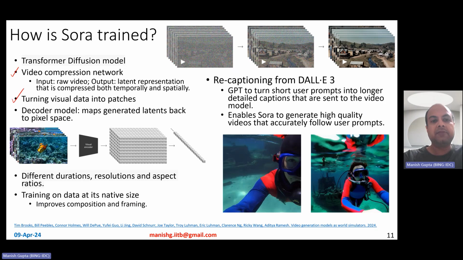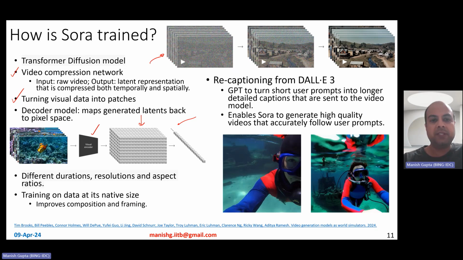It then turns this visual data into patches. So essentially, it takes this visual data, which is passed through the visual encoder compression network, and then converts it to patches, where a patch has both a temporal and a spatial definition, right? And finally, after the diffusion process is done, you basically start from random noise and do several steps so as to generate awesome videos.